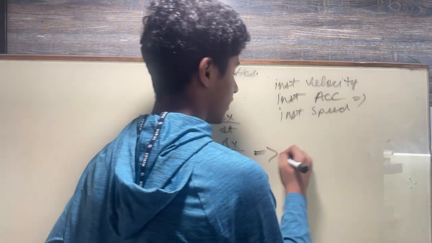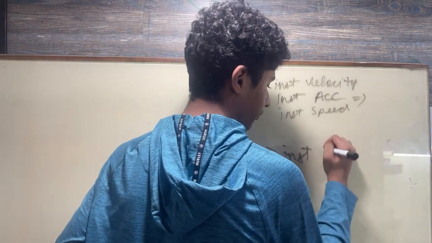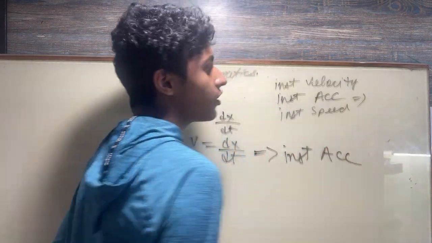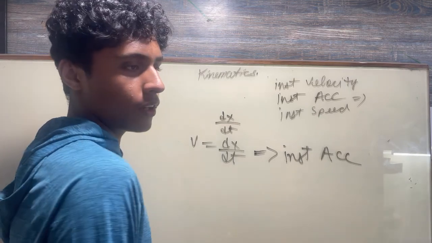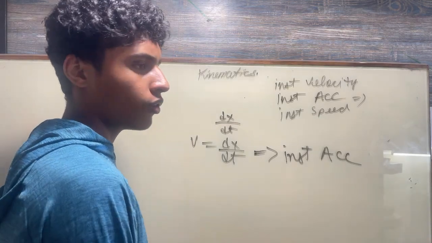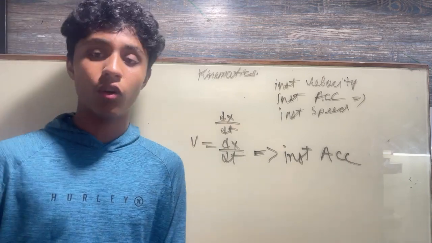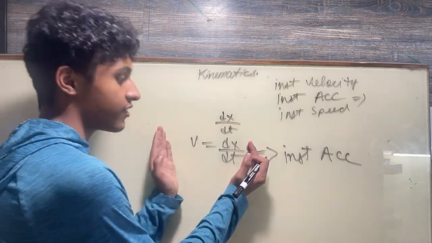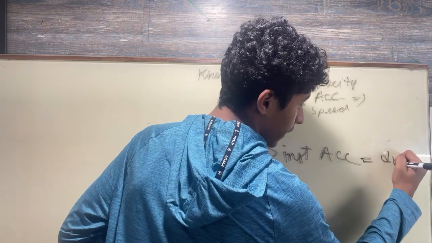Similarly, if we talk about instantaneous acceleration, what do you think this would mean? Acceleration is also known as the change of velocity over time. So it's pretty much the exact same thing, but instead it is dv by dt.